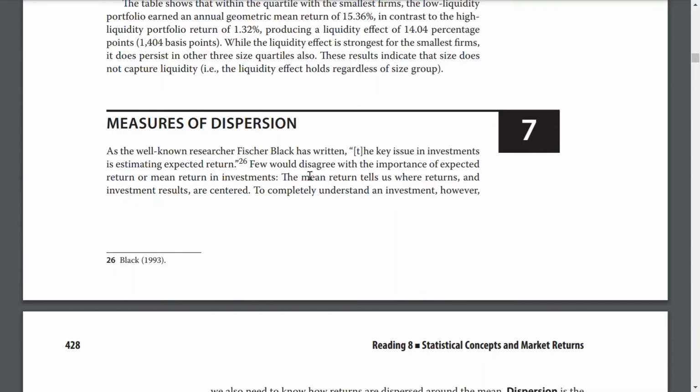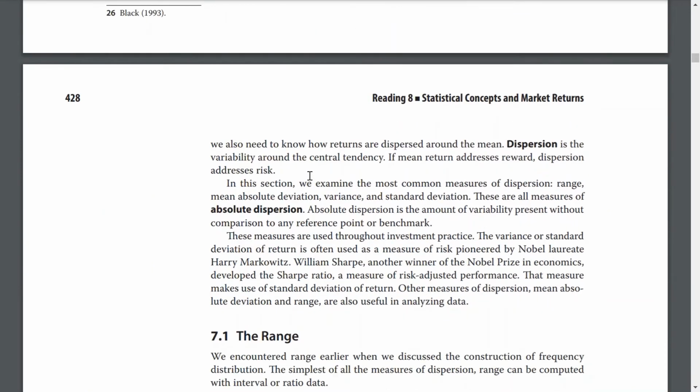The mean return tells us where returns and investment results are centered. To completely understand an investment, however, we also need to know how returns are dispersed around the mean. Dispersion is the variability around a central tendency. If mean return addresses reward, dispersion addresses risk.